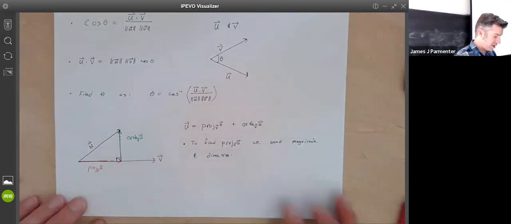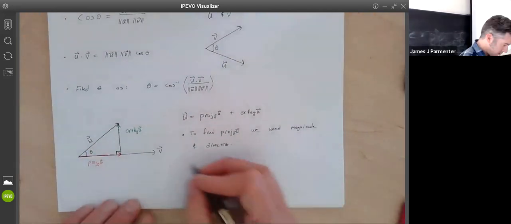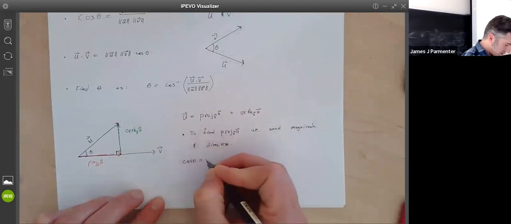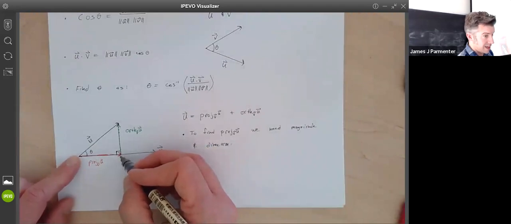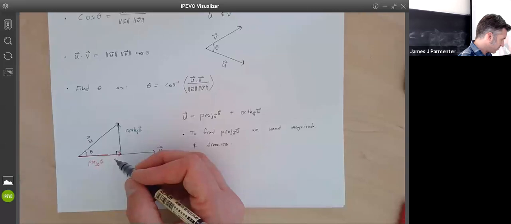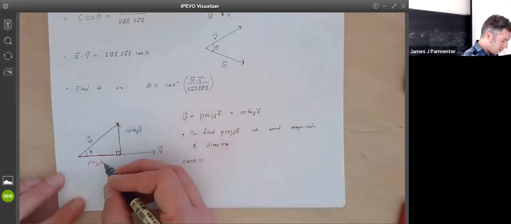Well, let's use some trigonometry. That angle there, we can find cosine of it. So cosine of theta is equal to, we're going to call this length here, which is the adjacent side, the magnitude, that's called the component of u in the v direction.